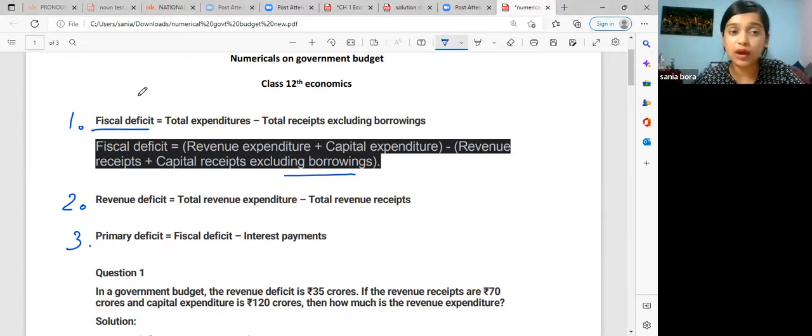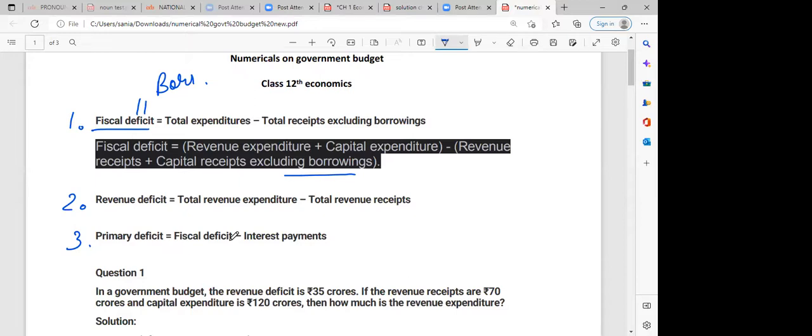This is what you have to remember, because most of the time they ask the question from here. And the second formula is revenue deficit: total revenue expenditure minus total revenue receipt. And the third formula is primary deficit equals fiscal deficit minus IP, which is interest payment. Clear? Formulas clear everyone? Yes, ma'am.